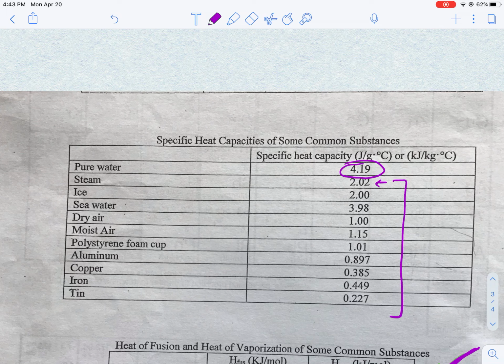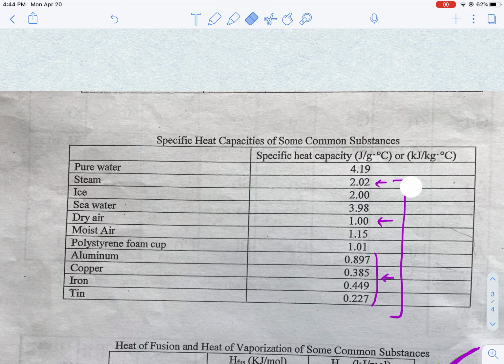So steam, because there's less molecules in steam than liquid water, those are all farther apart, they'll have less capacity to grab heat. Dry air has hardly any water, so it won't be able to grab and hold on to heat. And things like metals have a very low heat capacity. They are very good conductors, and so heat will move through them fast.